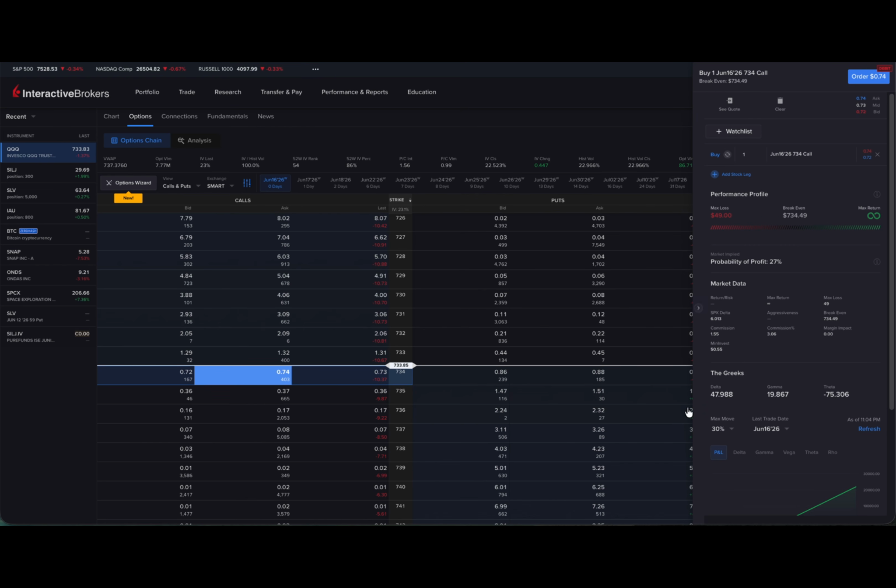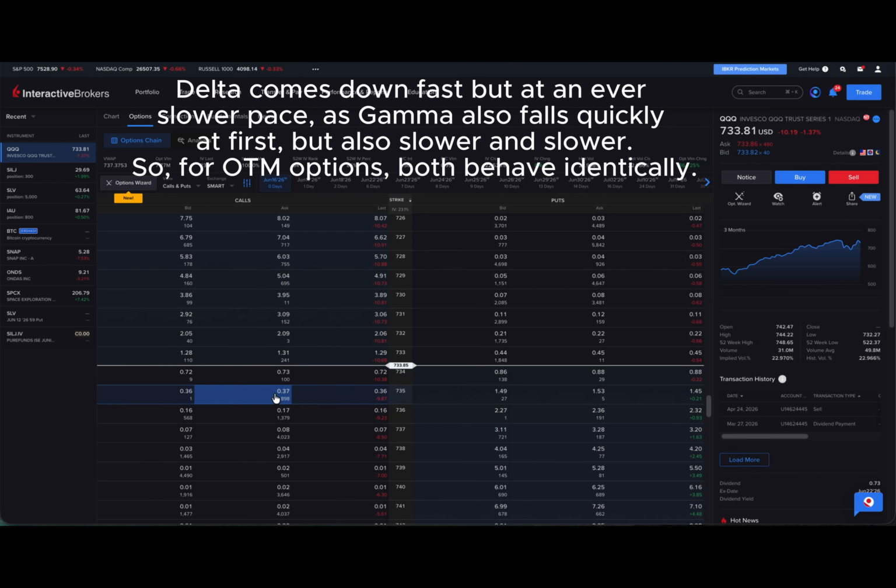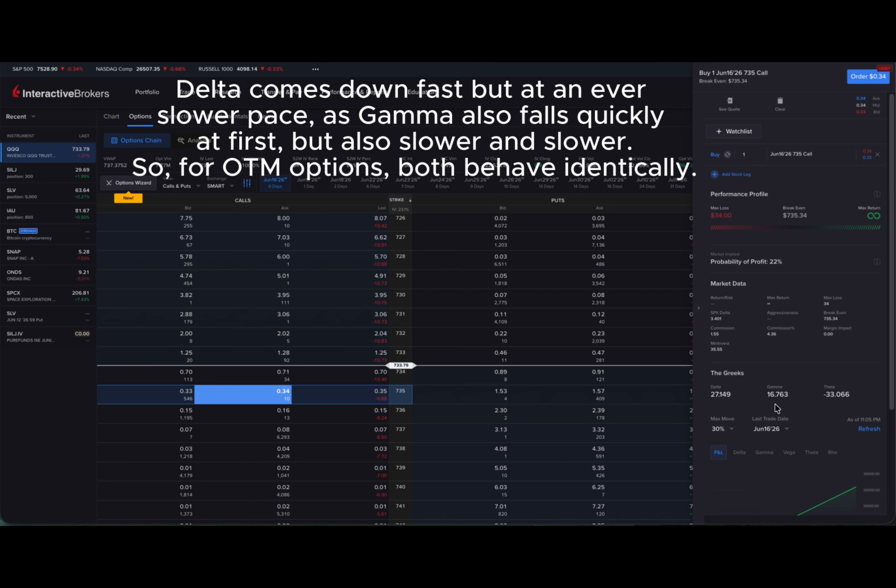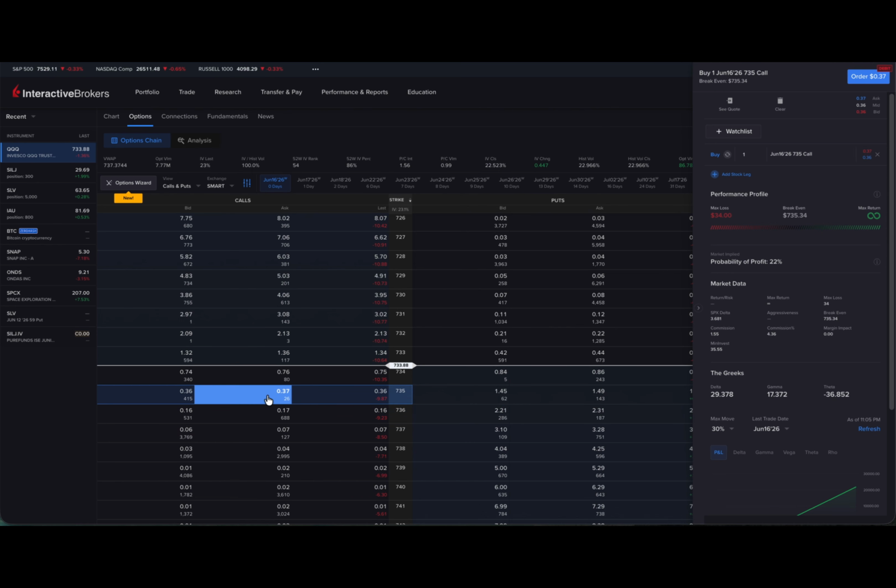But the delta will now start to go down, in a decreasing pace, because this is now already 28. Look how low, this is out of the money, and this option already has quite a small delta, and still has quite a high gamma.